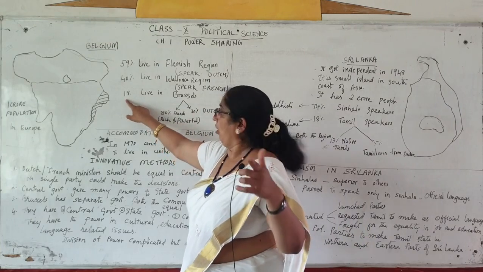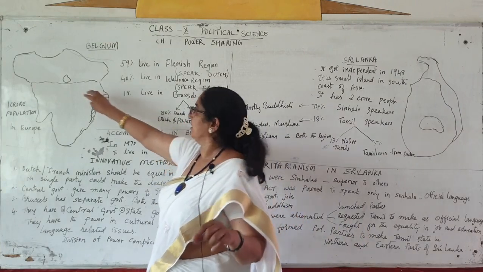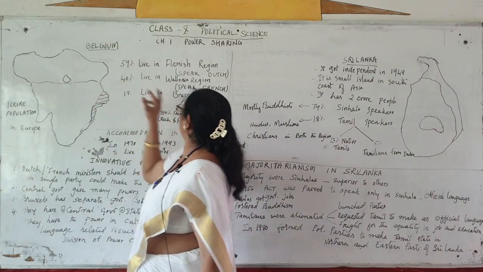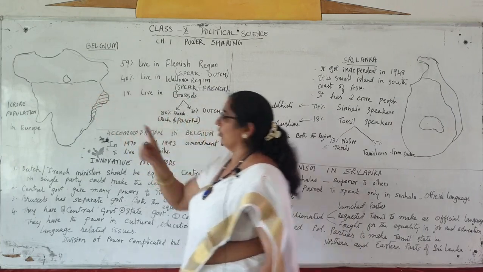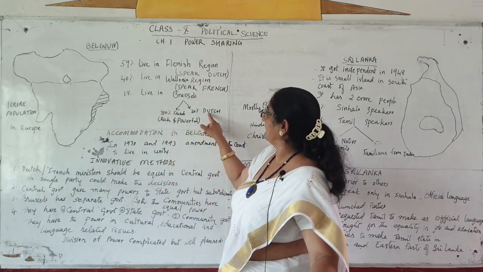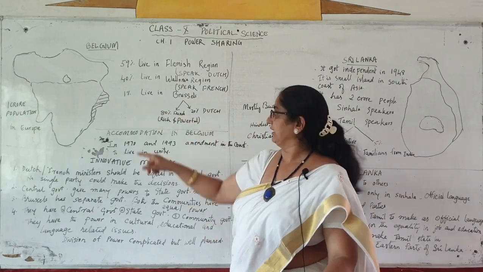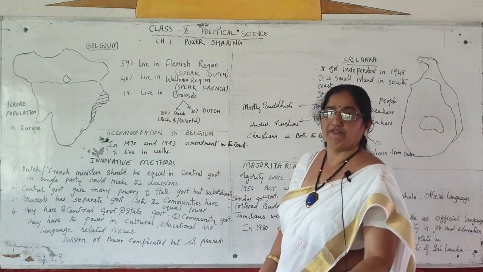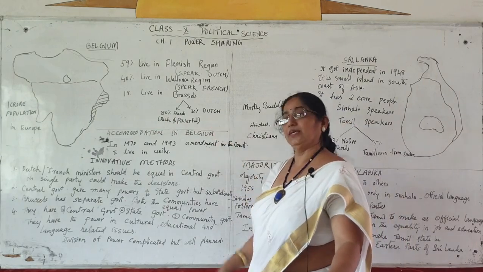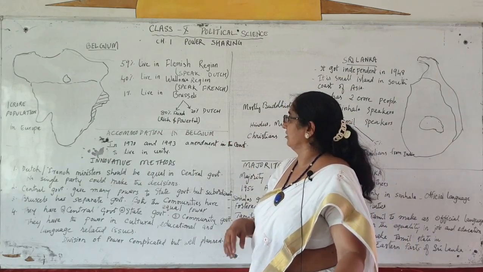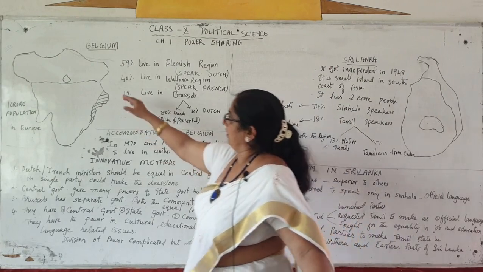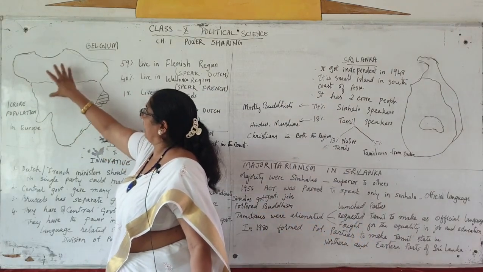अभी और एक चीज आपको नोट करना है, the central, that is Brussels, most of them speak French. That is 80% लोग फ्रेंच बात करते हैं और 20% डच. I'll explain again.